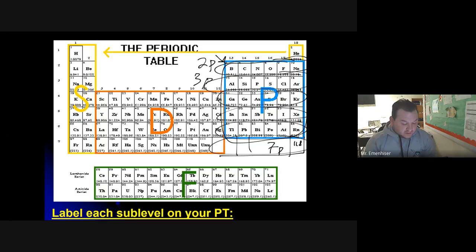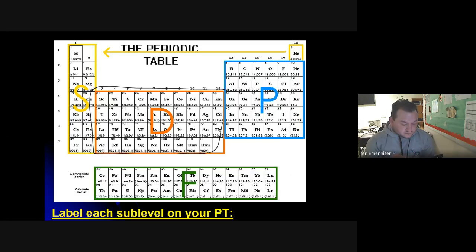All right. And then the D block elements are right in the middle. The first level here, I know it says 4 on this table, so it looks like this is going to be the 4D, but this first level is called the 3D. So you start getting 3D electrons when you're on the 4th row, but it's the 3D, not the 4D.